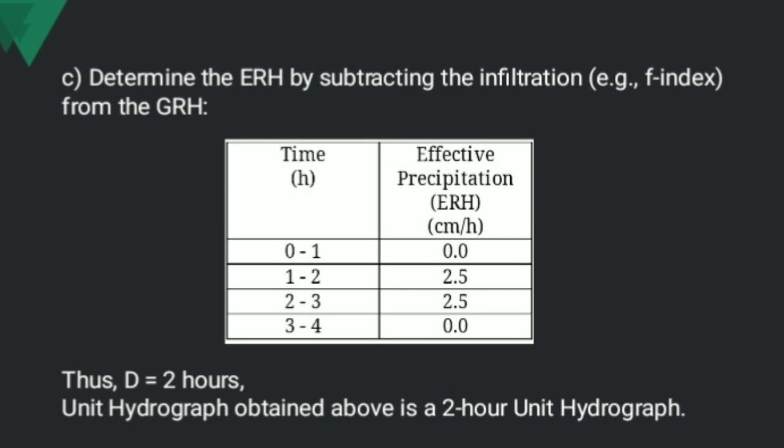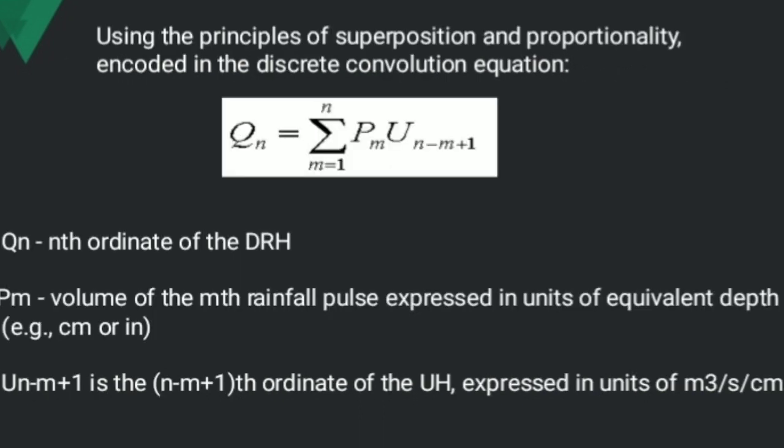The unit hydrograph obtained above is a 2-hour unit hydrograph. Using the principles of superposition and proportionality encoded in the discrete convolution equation, so this is the formula. Qn is the nth ordinate of the DRH.